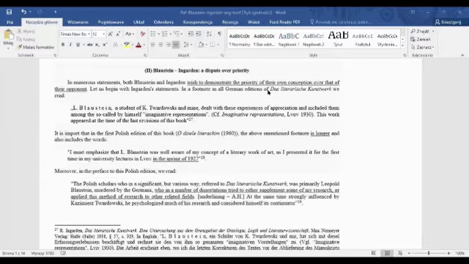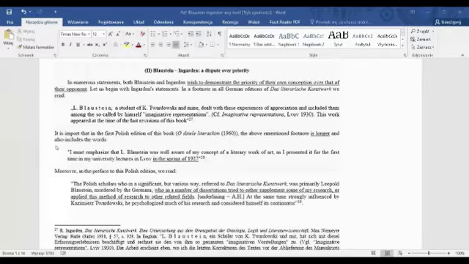This book is the Das literarische Kunstwerk, 1931. It is important that in the first Polish edition of this book, O dziele literackim, the above-mentioned footnote is longer and also includes the words: I must emphasize that Leopold Blaustein was well aware of my concept of the literary work of art, as I presented it for the first time in my university lecture in Lvov in the spring of 1927.